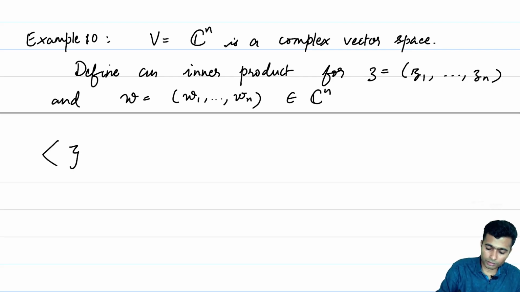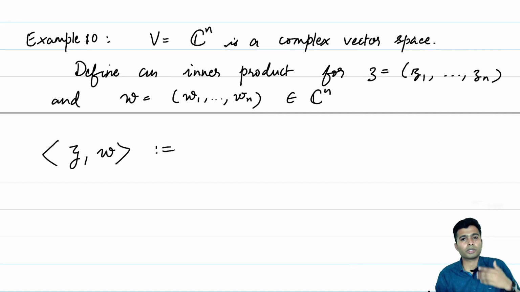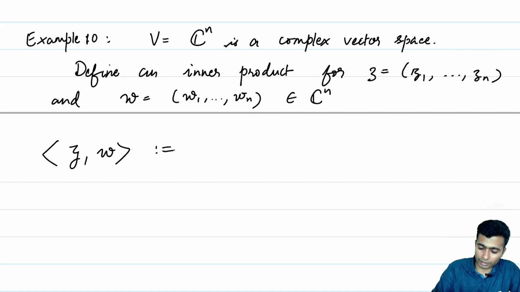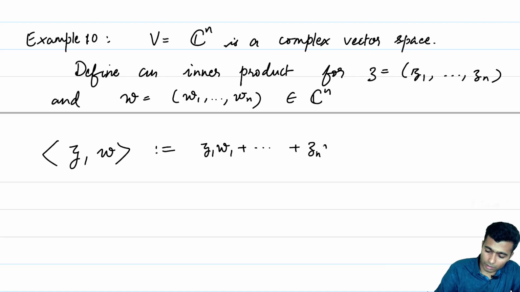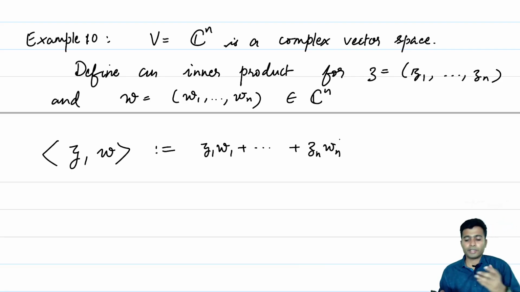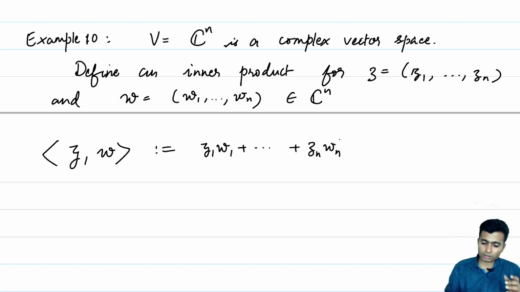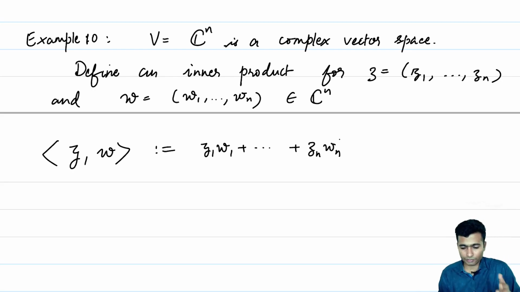Inner product of Z with W is being defined to be, how about we imitate the definition in Rn? This will just turn out to be Z1 W1 plus up to Zn Wn. If n is equal to 1, however, we will just fall back to example 9, which we just did, and we saw that that's going to fall apart.